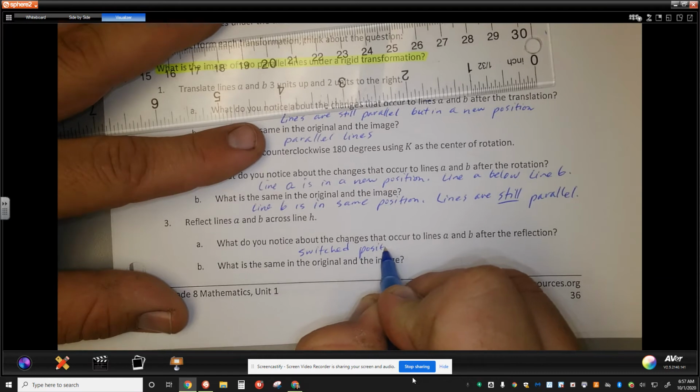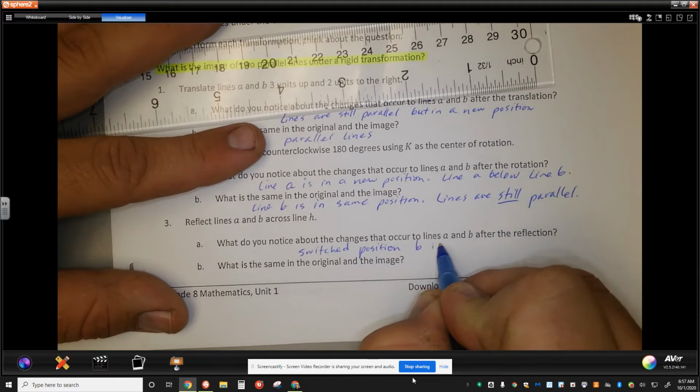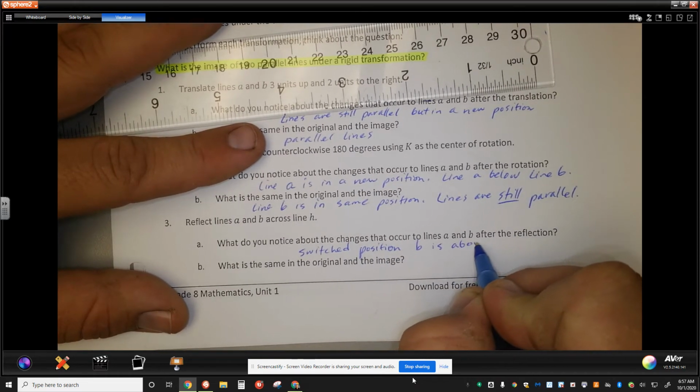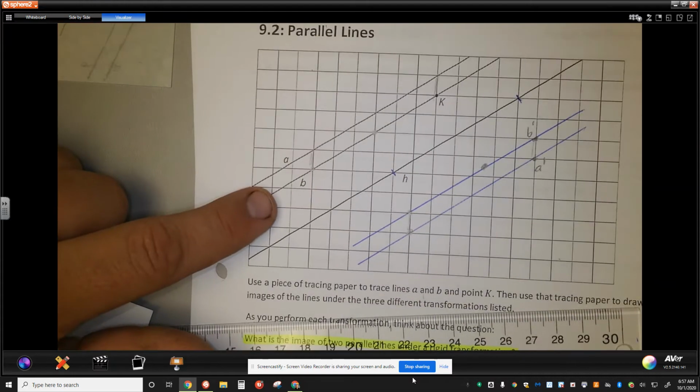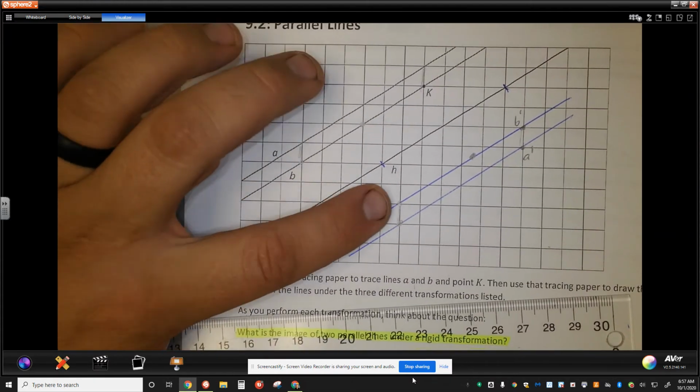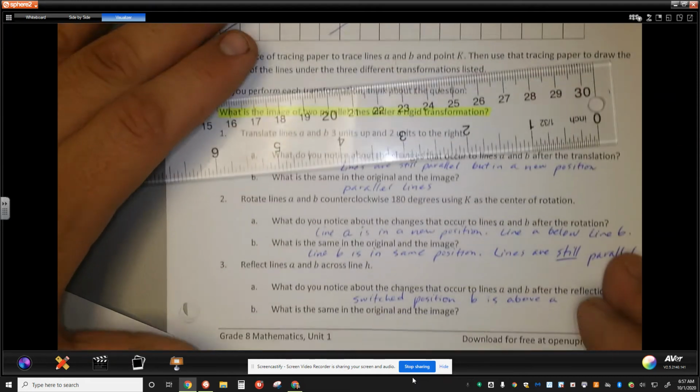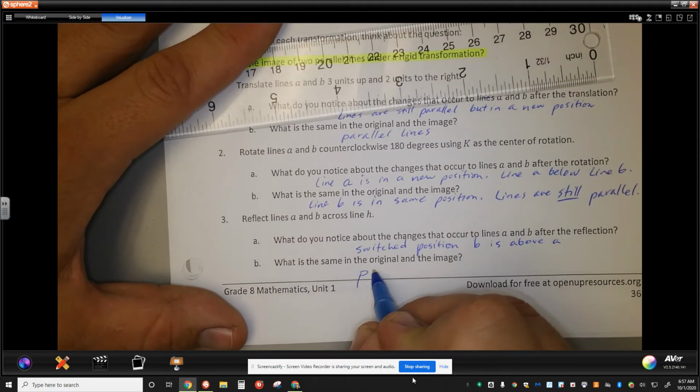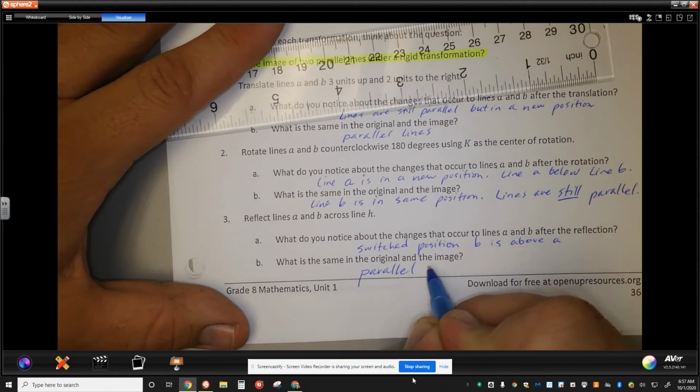So we see that now B is above A, where in the beginning it was A on top, B on bottom. Now it's B on top and A on bottom. But the same as the original is parallel lines.